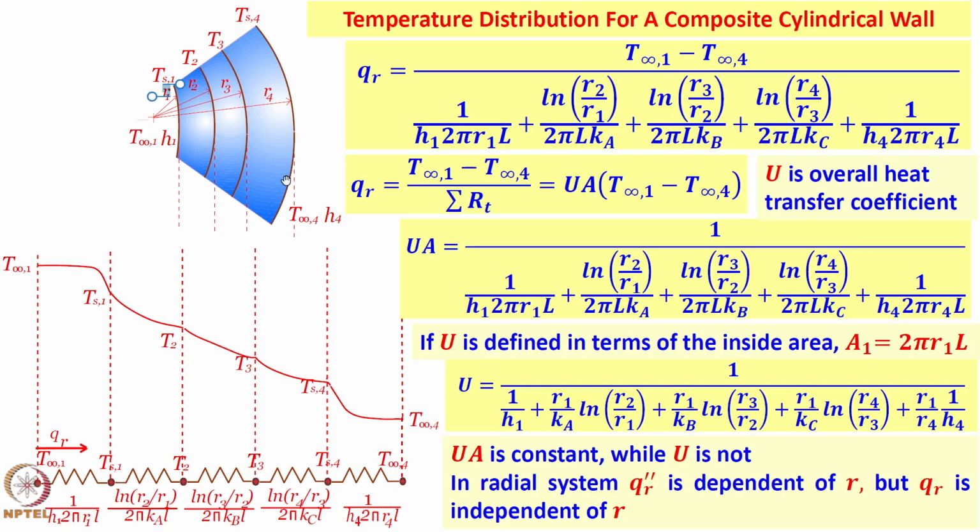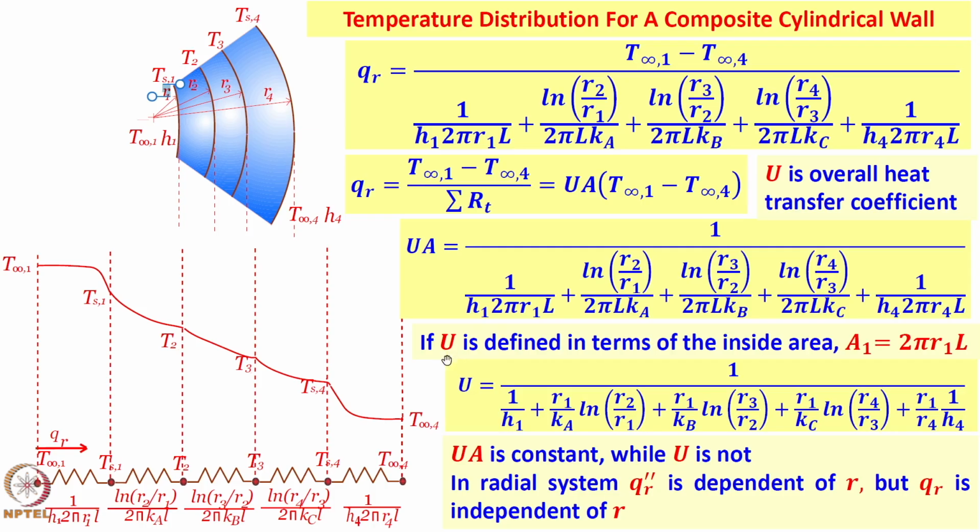So, if I just want to simplify and define U in terms of the inside area, I will have U into 2 pi R1 L. I divide through by that, I will get 1 by H1 and a bunch of terms where the 2 pi's will get cancelled: R1 by K log R2 by R1, R1 by KB log R3 by R2, and so forth.